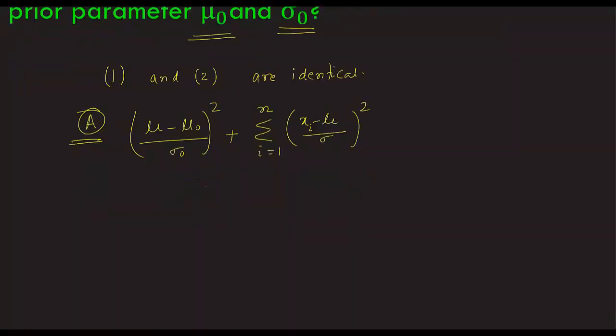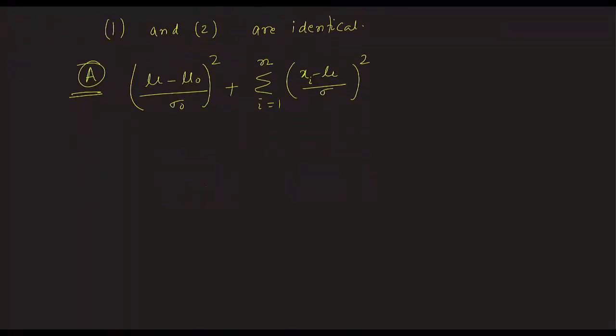Now if I expand this term, I will have, if I take mu square, then I will have 1 by sigma naught square plus, now this term will be n by sigma square. So this term will be mu square, and if I take the summation, then it will be 1 plus 1 n times, then if I take mu square common, this will become n by sigma square.